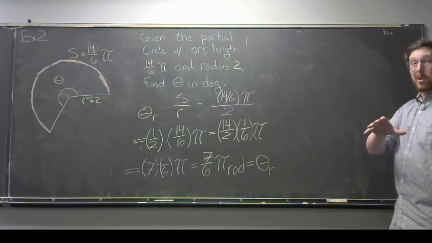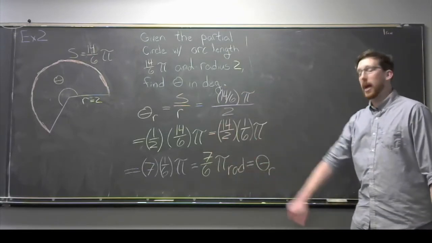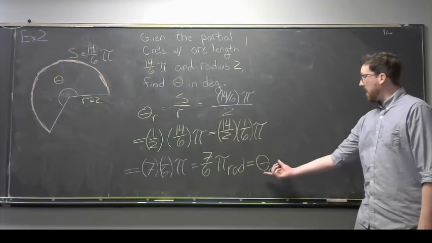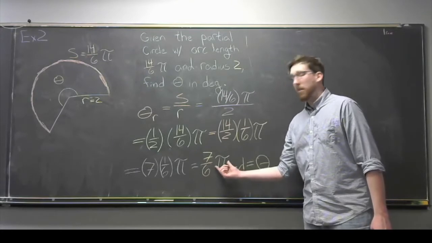So after reducing our fractions, we found that our angle in radians is equal to 7/6 pi.